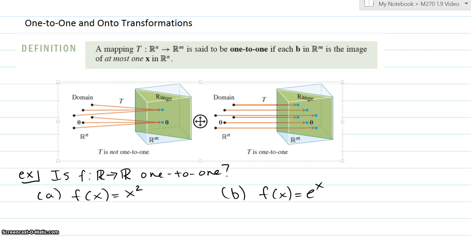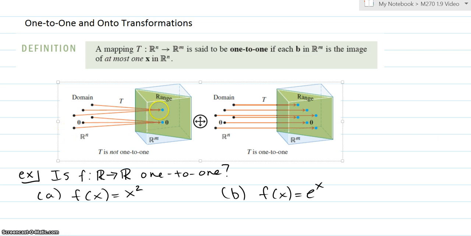Here's the definition. If you have a mapping T, by the way, T goes from Rn to Rm, it's said to be one-to-one if each b in Rm is the image of at most one x in Rn.